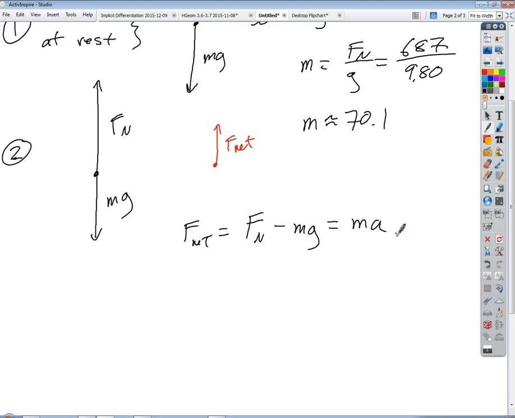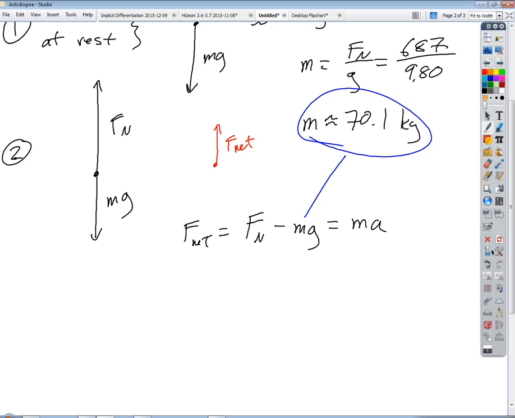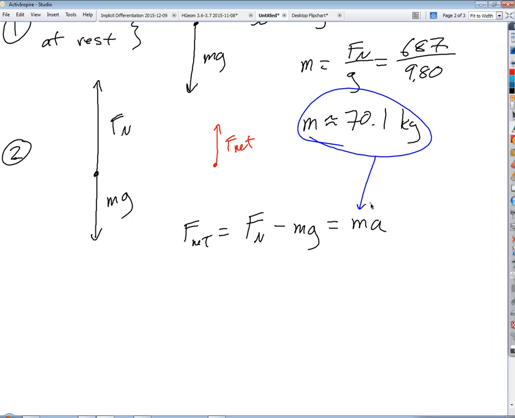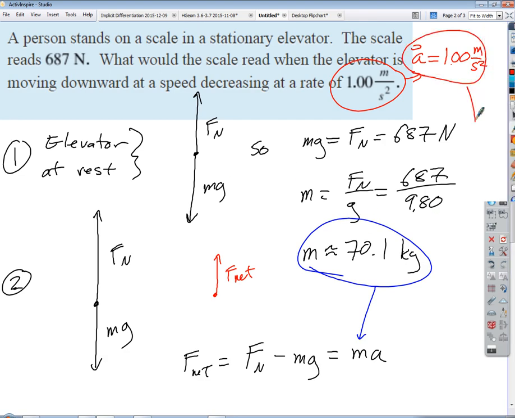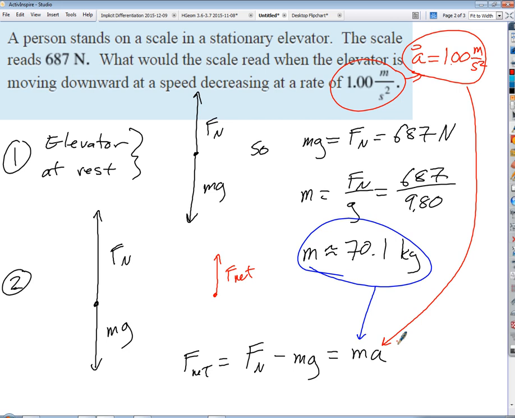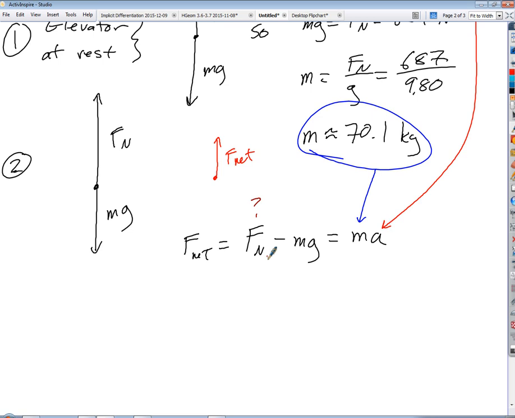Okay, so a lot of this stuff we know or can calculate, right? Or have calculated. So let's kind of draw some lines here. We know the mass. We know the acceleration, right? The acceleration goes right there. Agreed? This is what we're trying to find, isn't it? And mg, well, we know what m is.